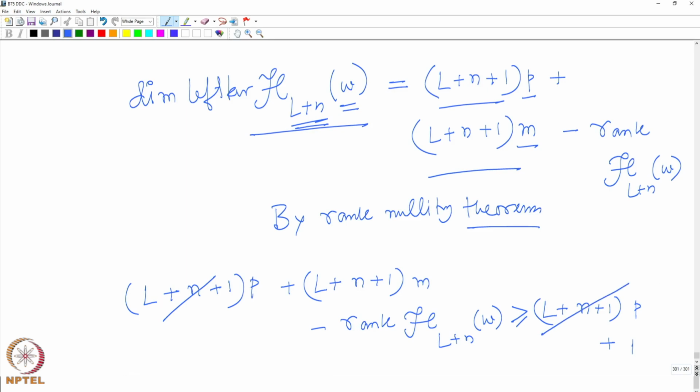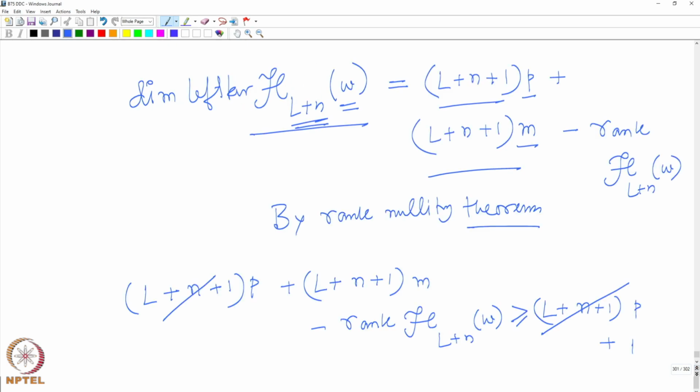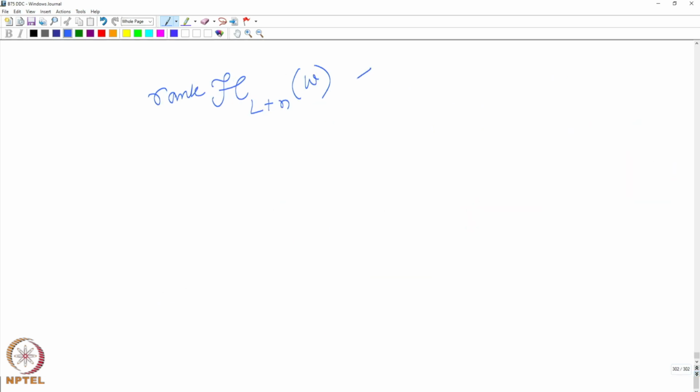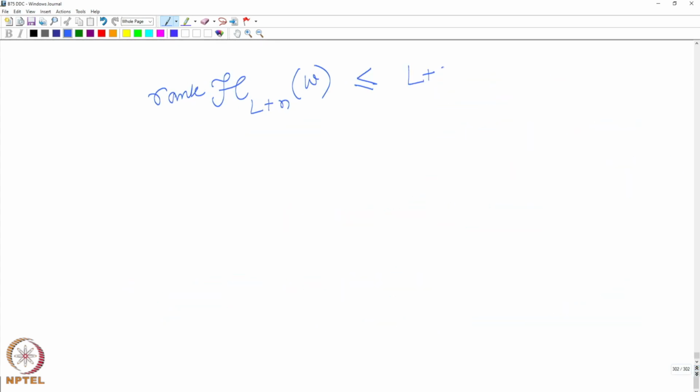So what we are left with is rank of H_{L+N}(W), if I take it to the other side, had better be less than or equal to, sorry, (L+N+1) times (M minus 1), right.